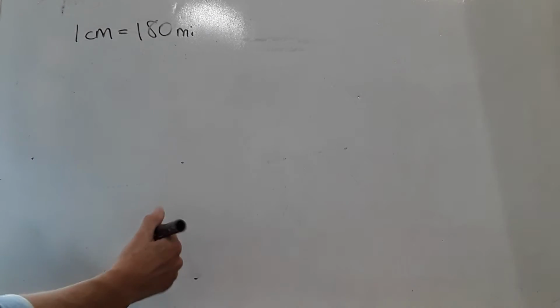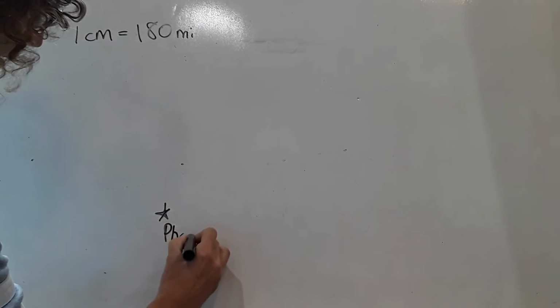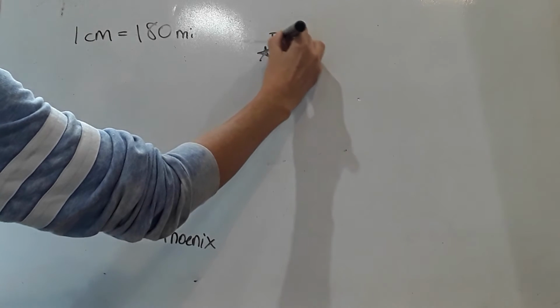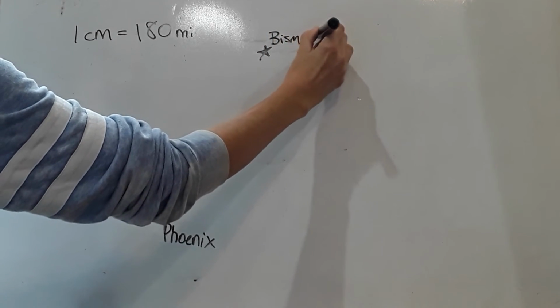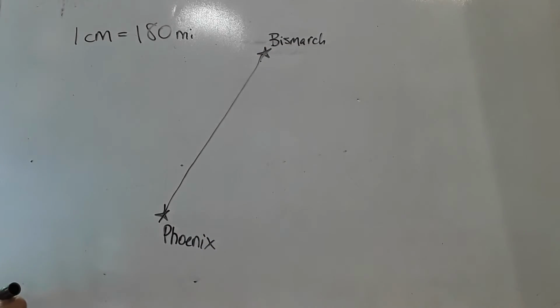So take your map and use your ruler, and from Phoenix, you're going to draw a line to Bismarck. Like that. This is going to represent the displacement vector for the first leg of a hypothetical journey.